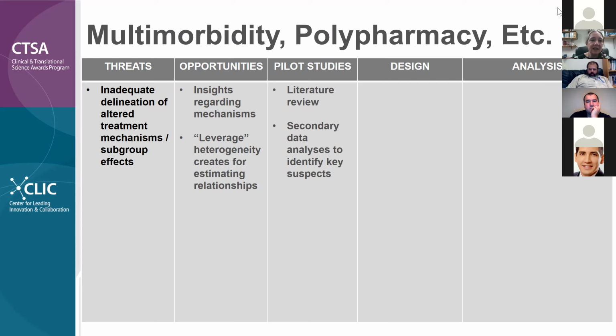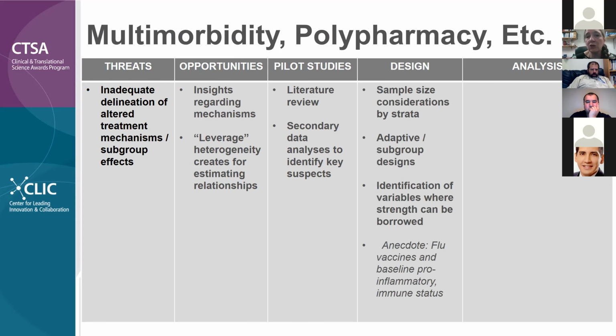And so in pilot studies, clearly a place for very thorough literature review to get on top of what some altered mechanisms might be. This is a great arena for secondary data analyses using existing cohorts, for example. The aging field is very fortunate to have a great resource of cohort studies by which to identify potentially key areas where heterogeneity or effect modification may be strongly at play.